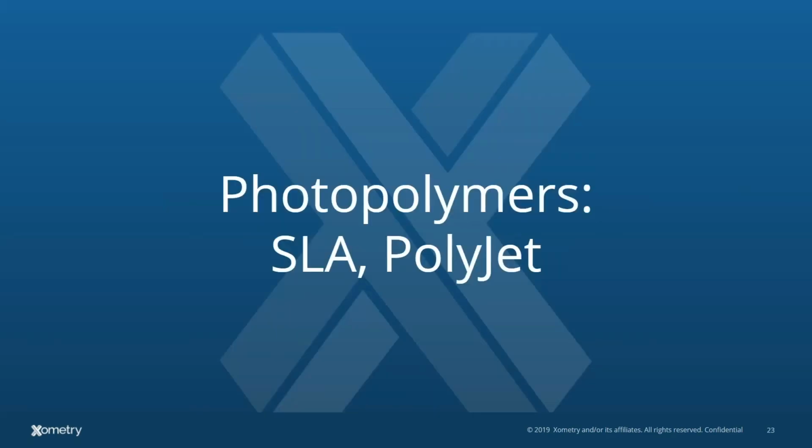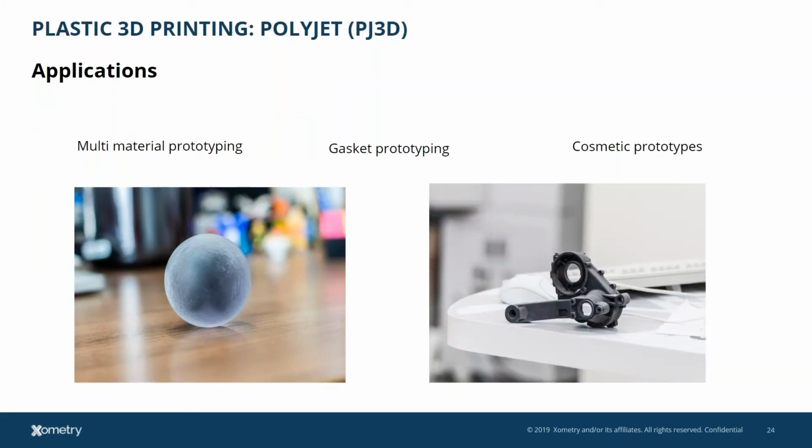So contrasting that, materials in photopolymers, SLA and PolyJet. So let's start with PolyJet here. With PolyJet, you can configure the material to behave. So I could change that Shore value of the rubber-like prototypes from Shore A27 to Shore A40 by changing the internal digital matrix structure of the material. That's because it's actually made by jetting materials like an inkjet printer.